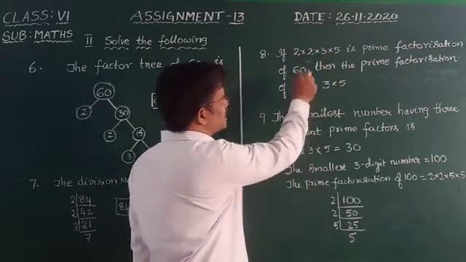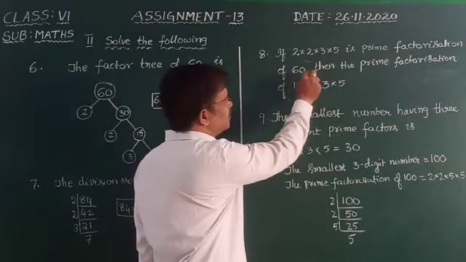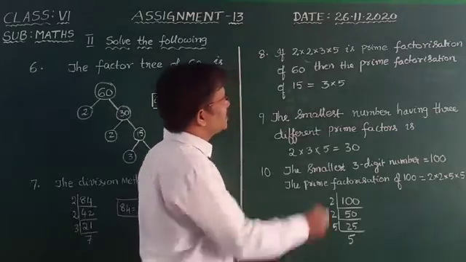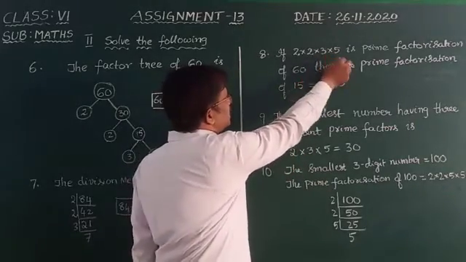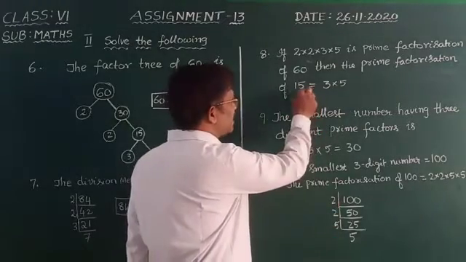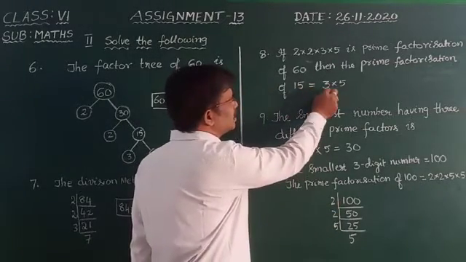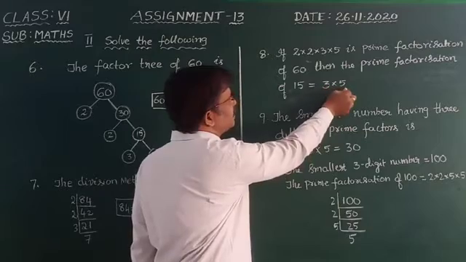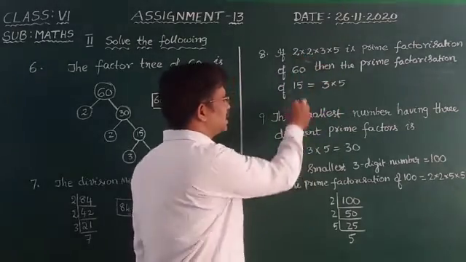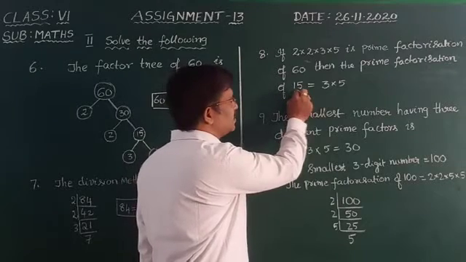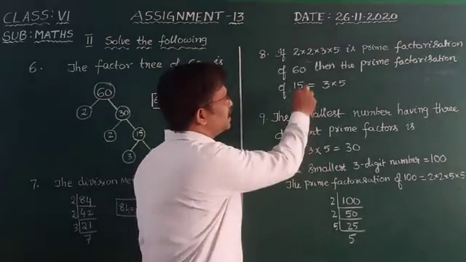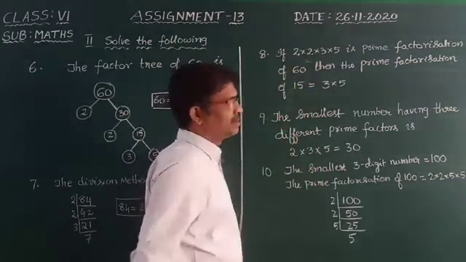If you remove 2 2s, which is 4, from the factorization, the product of the remaining two factors is 15. Therefore, the prime factorization of 15 equals 3 into 5. 3 5s are 15, 15 4s are 60. So 15 is also a factor of 60.